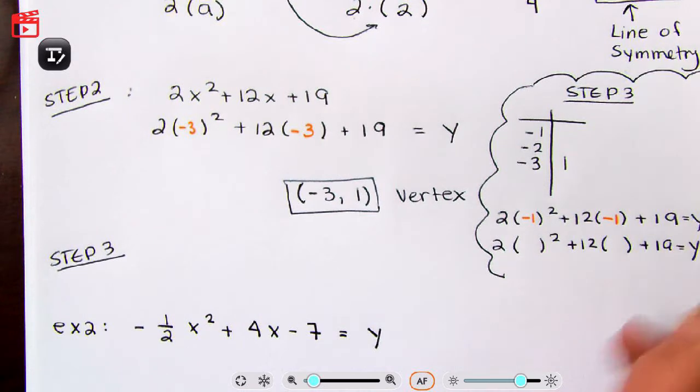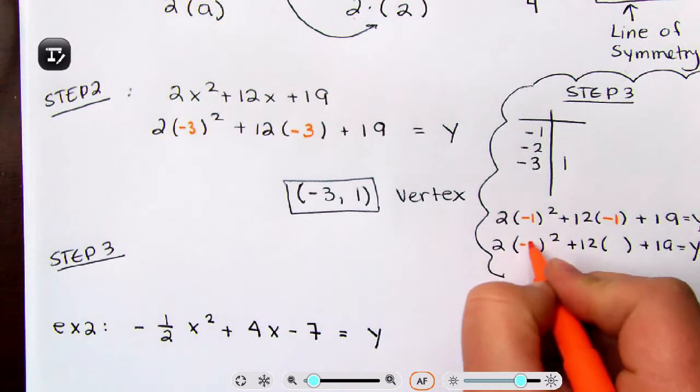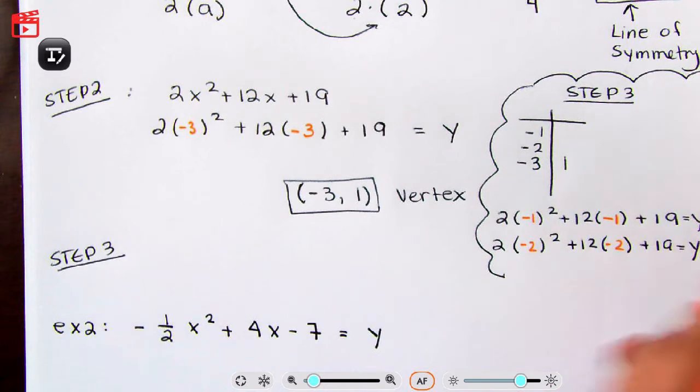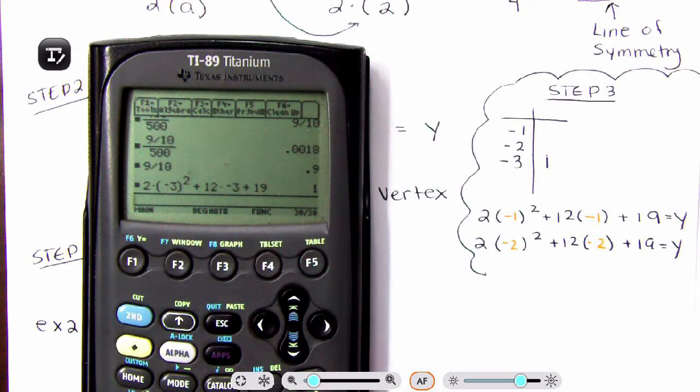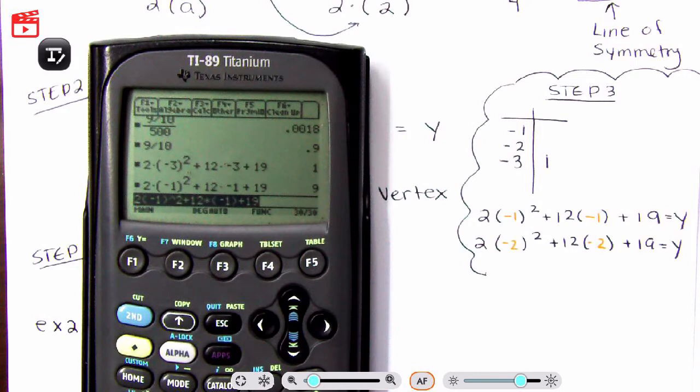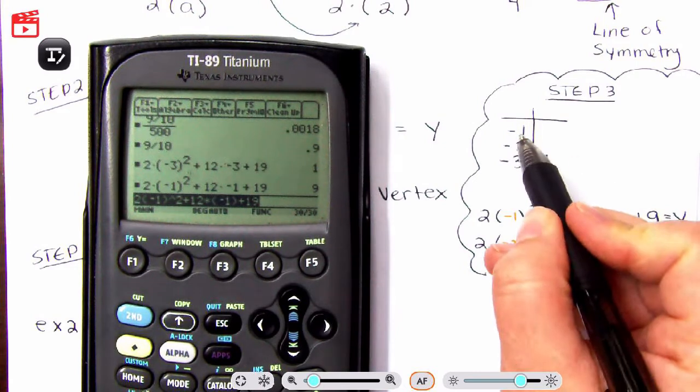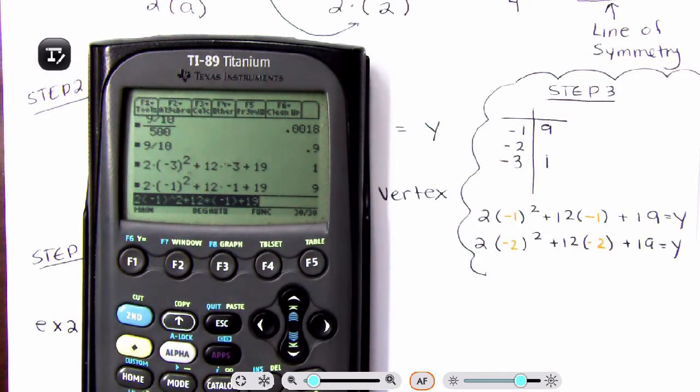And when our input is negative 2, I want to know what the y value is. Just like before, I'm going to type this into my calculator: 2 times negative 1 squared plus 12 times negative 1 plus 19. I'm going to press enter. So when my input was negative 1, my output was 9.